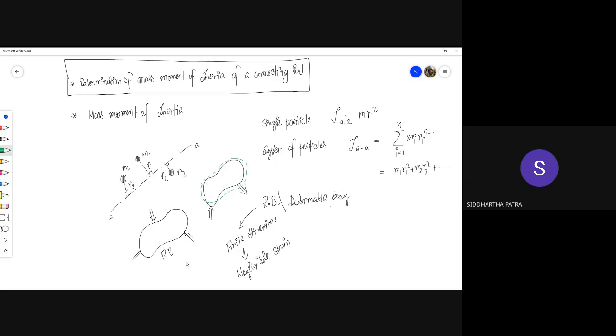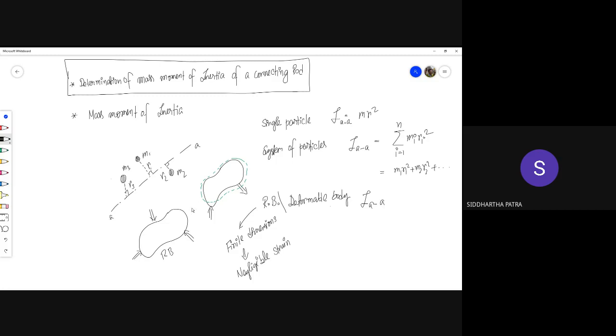Now, be it a deformable body or a rigid body, for any object for which we are considering the finite dimensions, the definition of mass moment of inertia is something like this.